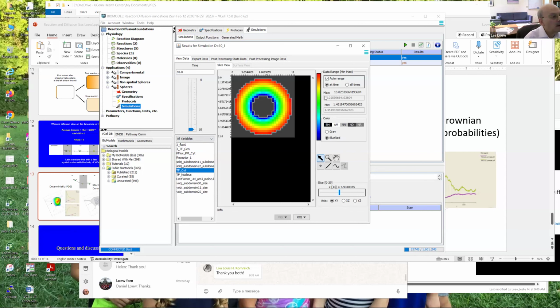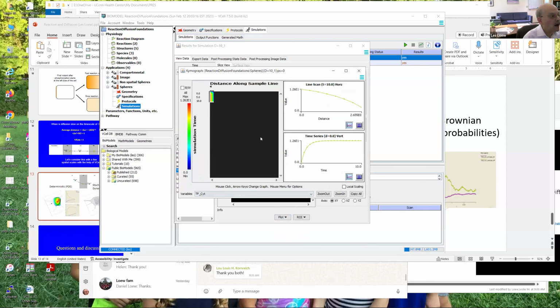And I can do a kymograph. This is giving you a little preview of what Virtual Cell is like. So I can do a kymograph where you can see that along that line that I drew, this is the distance along the line in the x-axis, and down the y-axis is time.